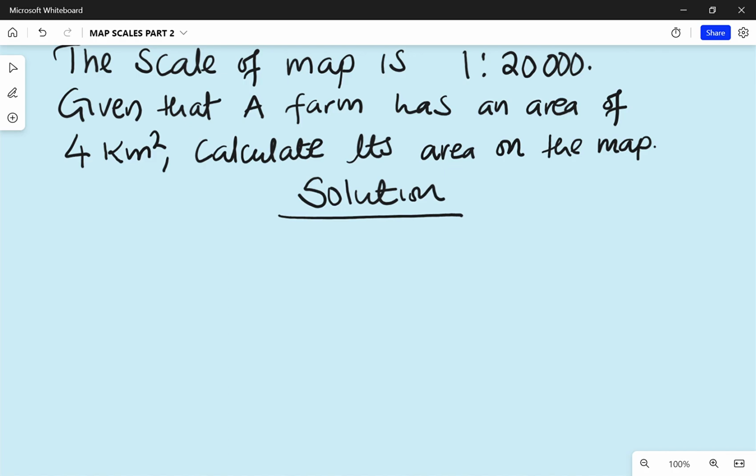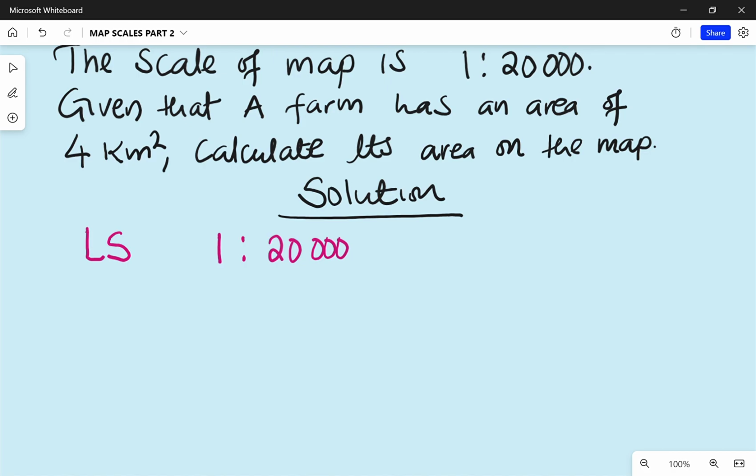Here, what has been given to me is my linear scale. My linear scale is 1 to 20,000, meaning 1 centimeter on the map is equivalent to 20,000 centimeters in reality.